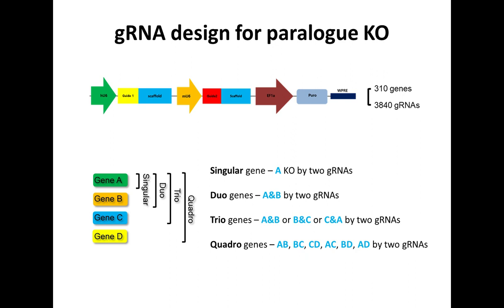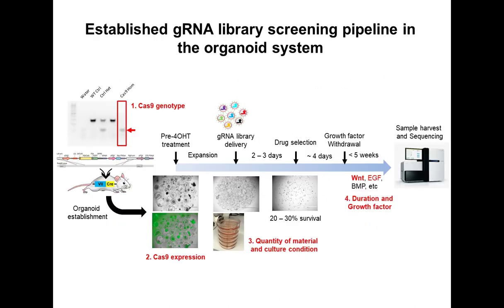And we also tried a similar approach for quadros. In this case, we have to cover 6 different combinations. So we were thinking about targeting RING domain containing E3 ubiquitin ligases with our gRNA system, which ended up being 310 genes with 3,840 gRNAs.